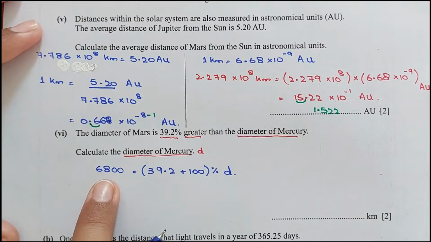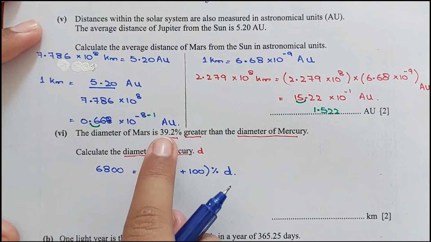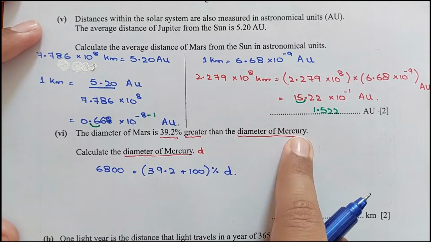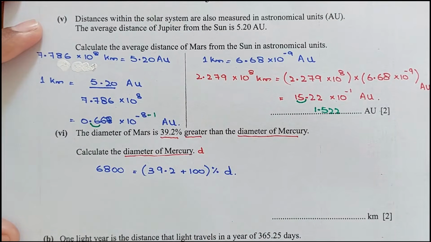The diameter of Mars we have given equals 39.2% greater, means add 100, then the diameter of Mercury, times D.